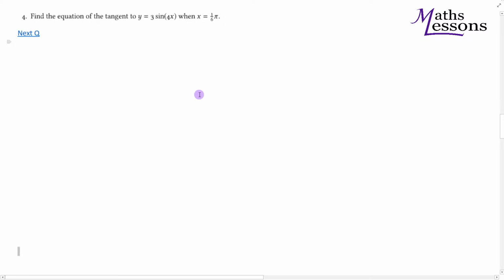Next question. Find the equation of tangent to y equals 3 sine 4x when x is pi by 6. I'll give you 2 minutes to see how well you can get on with that.